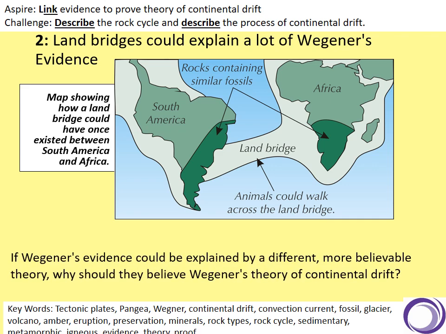And scientists therefore said, if his evidence could be explained by a different, more believable theory, why on earth should they believe Wegener's new theory of continental drift? And this often happens when new theories are suggested by scientists, that if there's already an existing theory that explains the evidence, they may be reluctant to change to a new theory.